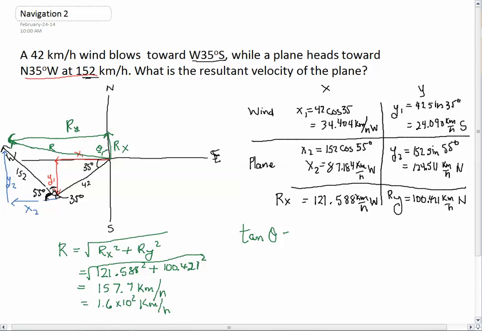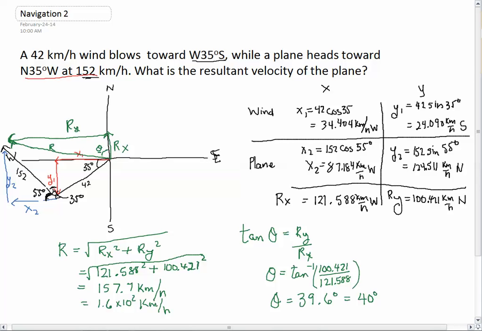So tan theta is equal to Ry over Rx, and we get theta by taking the inverse tangent of Ry, which is 100.421, divided by Rx, which is 121.588, and when we calculate this, we come up with an angle of 39.6 degrees, and again we're rounding this to two significant digits, so this becomes 40 degrees.